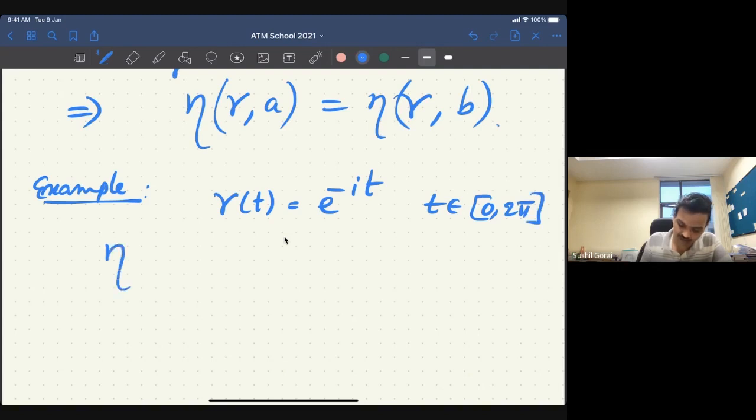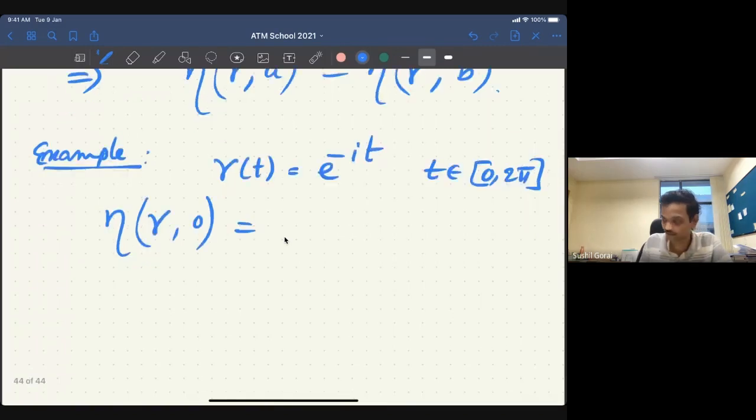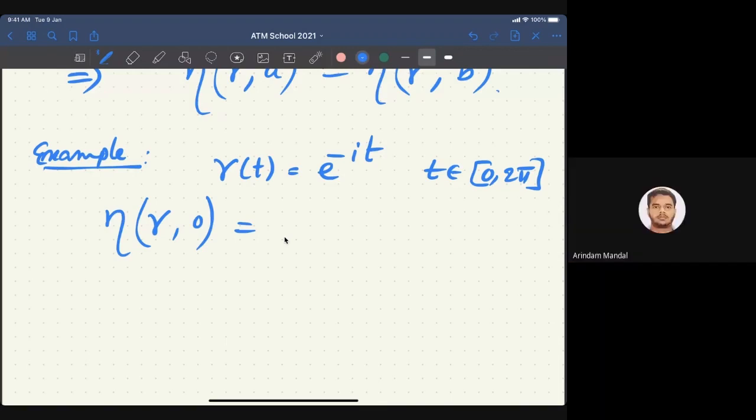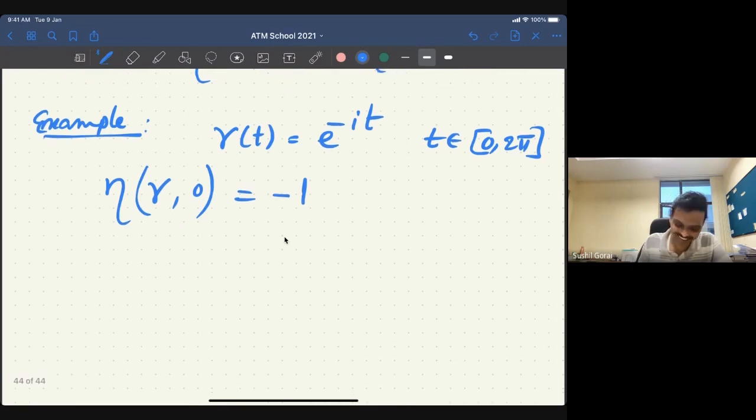So what would be the winding number of gamma with respect to 0? Is it 1? Yes, minus 1. It's an exercise. This is a useful exercise.